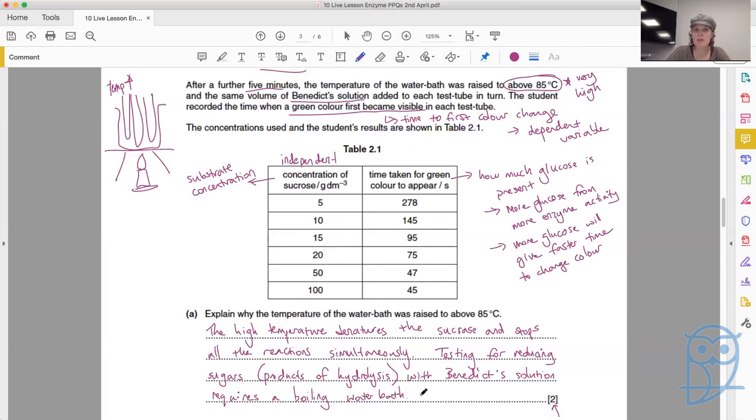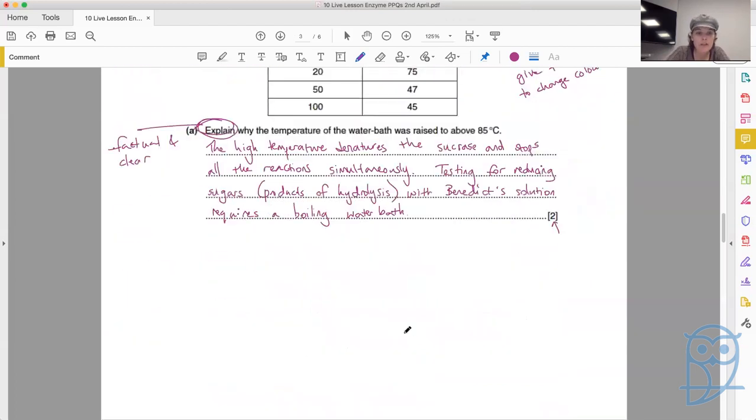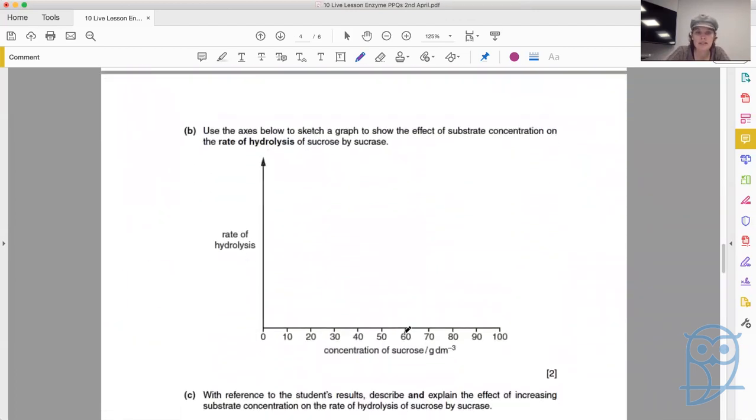So we've been very thorough, very clear, very explicit in our explanation. Because explanations, we must be factual and very clear. Okay, so we are sure now of this 85 degrees C. We now carry on. What is the next question?